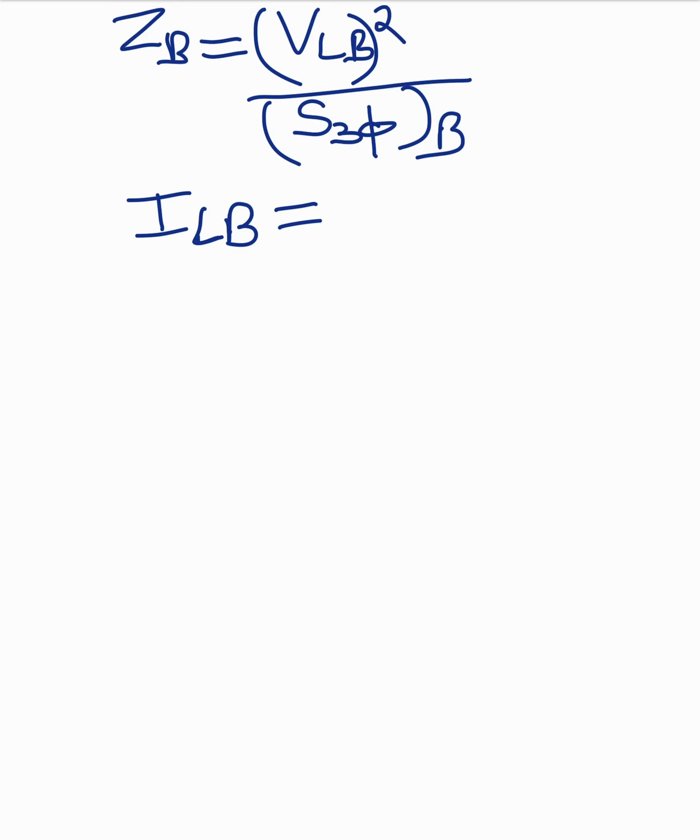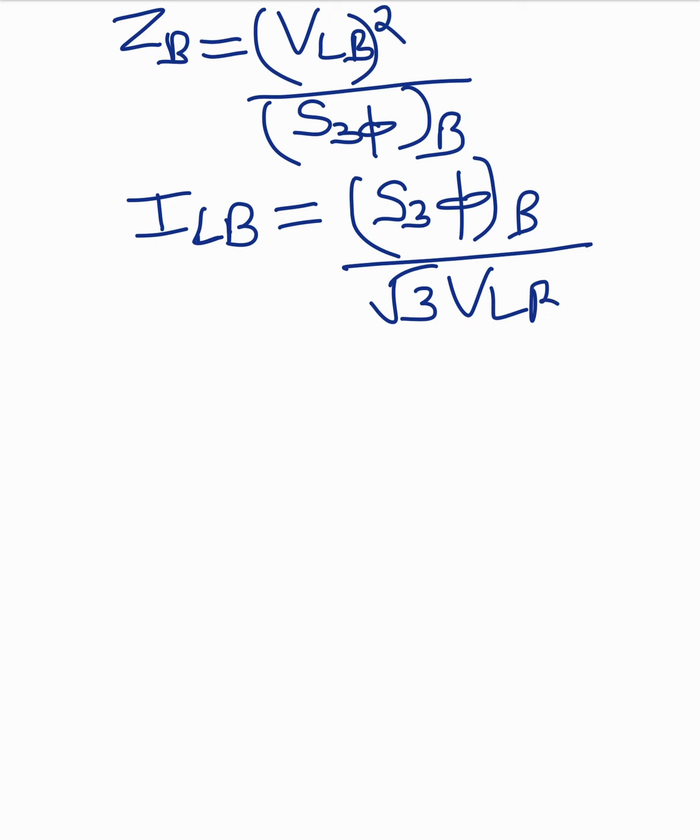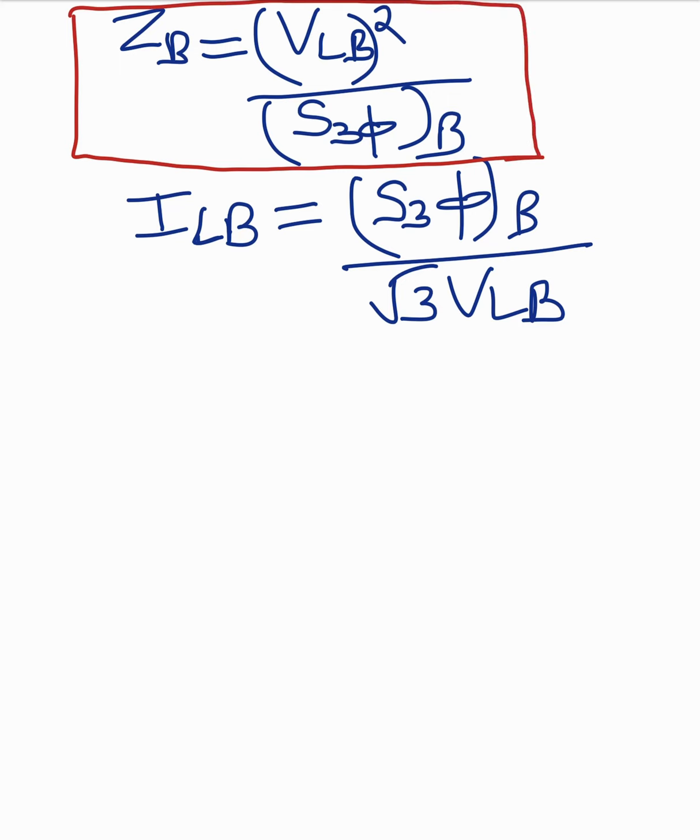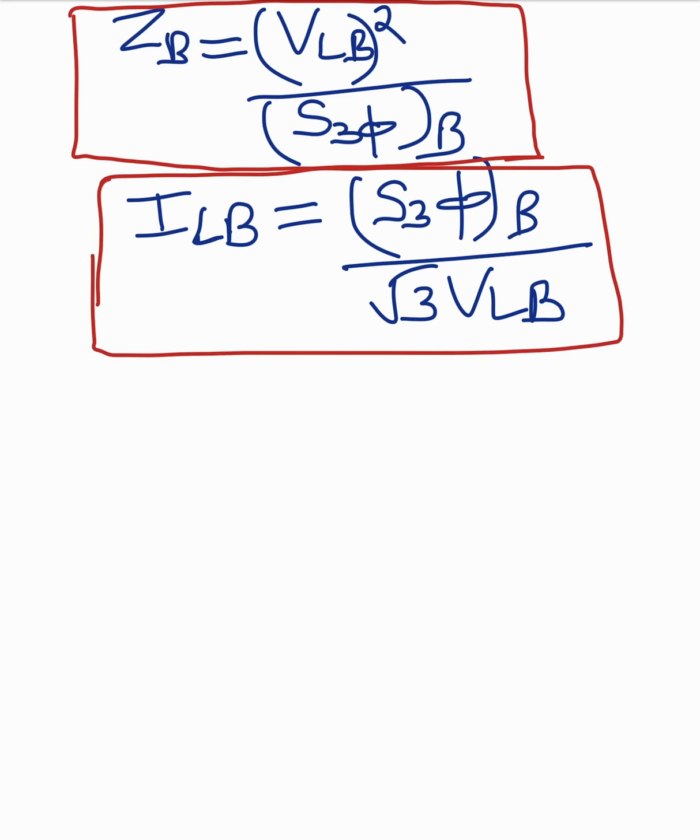ILB is equal to S three phase base upon root 3 VLB. So ZB is equal to VLB whole square upon S three phase base, and ILB is equal to S three phase base upon root 3 VLB.